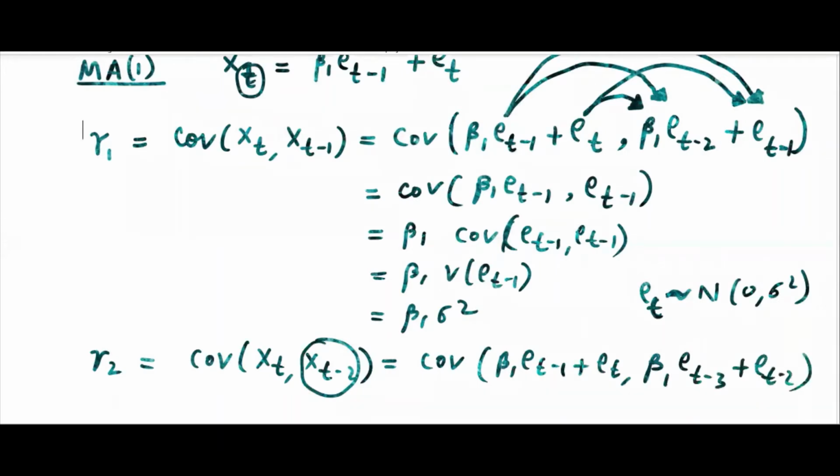Now if you check pairwise, t minus 1, t minus 3, t minus 1, t minus 2, t minus 3, t minus 2.